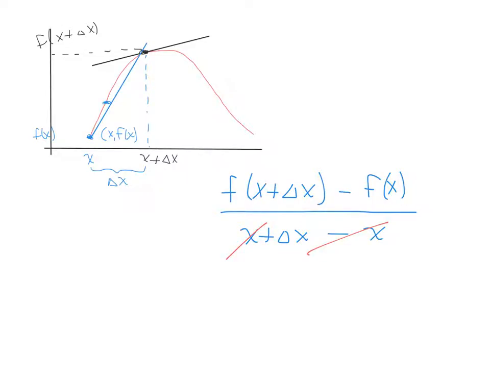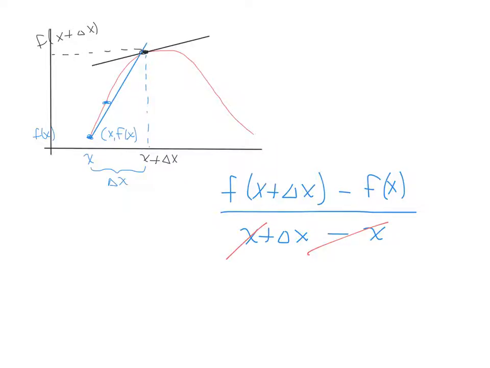Now the problem is this blue line I've got over here doesn't approximate this tangent line very well at all. But if I move my value of x along the curve closer and closer to this desired point, my delta x keeps getting smaller and smaller.